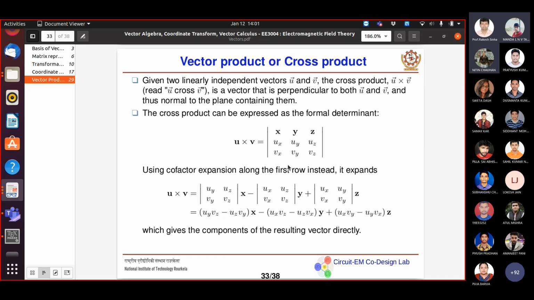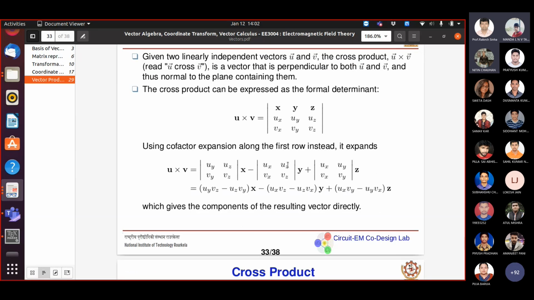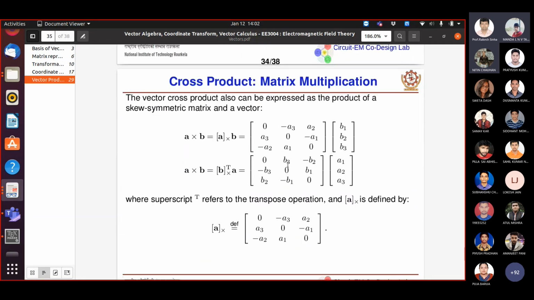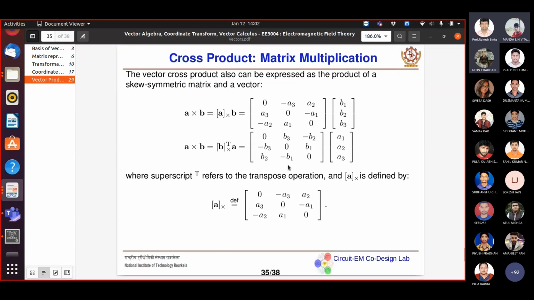So you need to develop an algorithm that provides a vector as output: you have two vectors, u and v, and after some matrix multiplication it should provide a vector. For computer implementation of the cross product you need to use this formula, not that one.